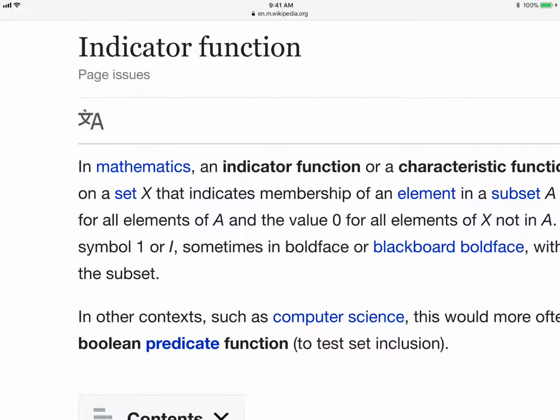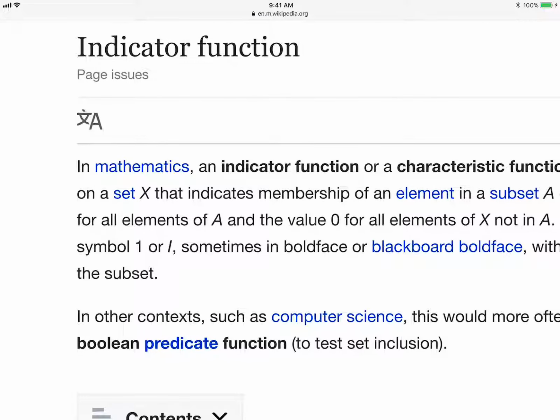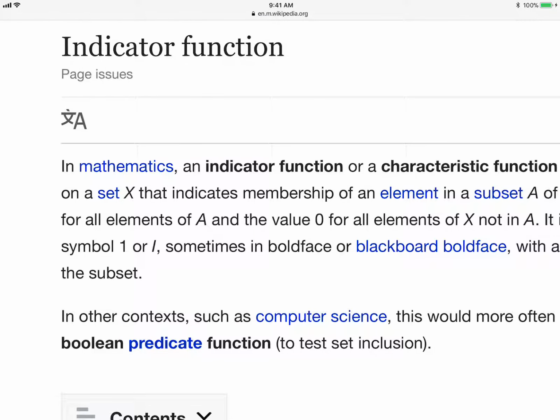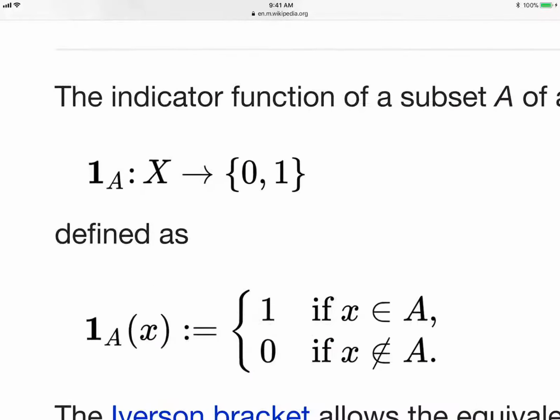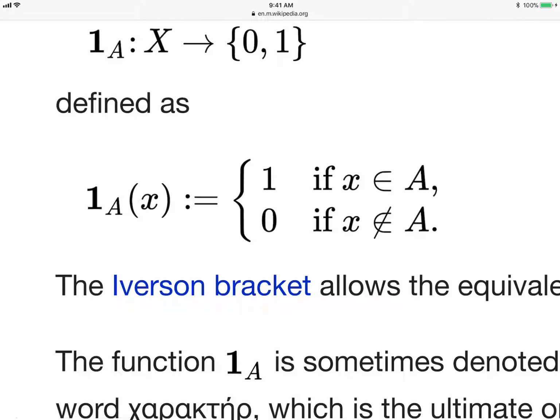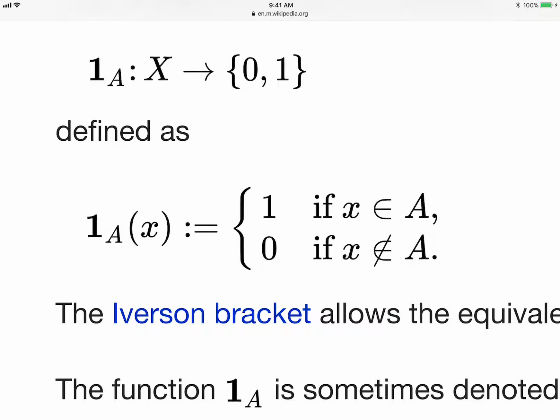This indicator function is quite similar to a delta function. It is defined as this: a boldface 1 with some subscript A, where A is a set, but at the same time A can be represented as a condition that defines this set.